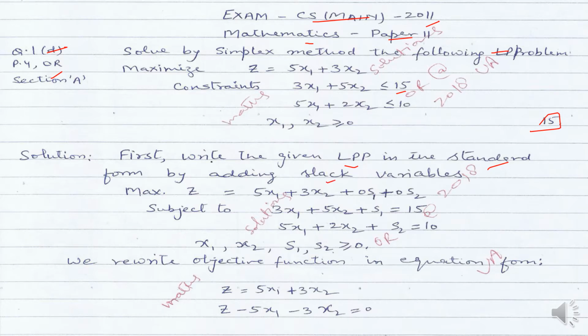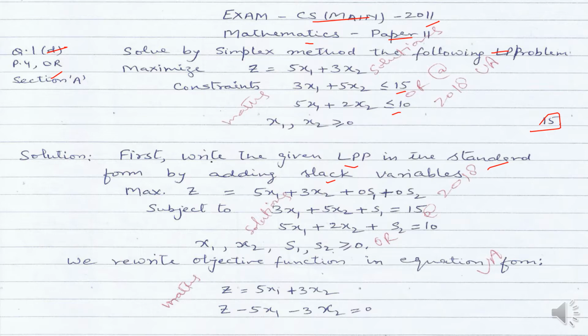So given linear programming problem, we are writing in standard form by adding slack variables, because both of the constraints are having less than equal to sign. So we will be adding slack variables, means something is less on left hand side.